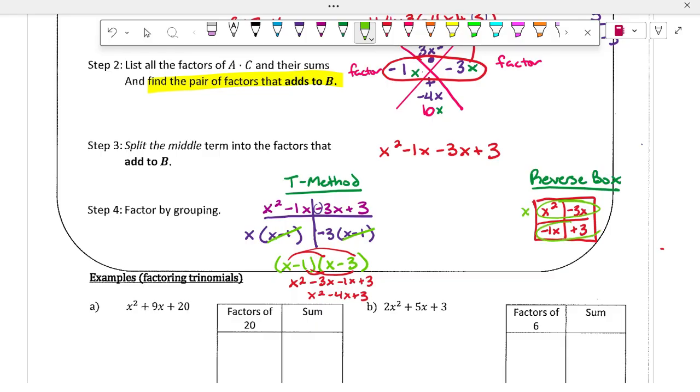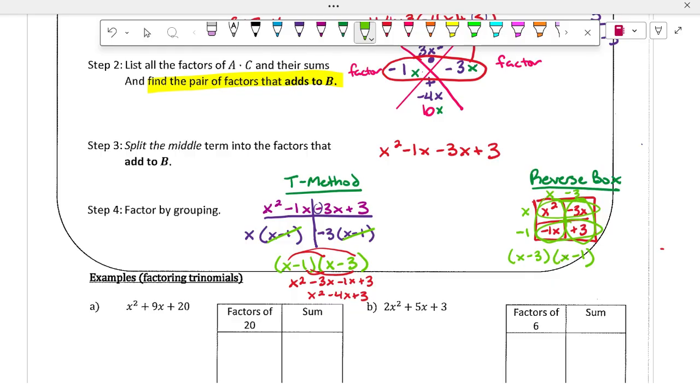X. GCF of the second row, take account for the first sign. Negative 1. GCF here. Just X, because the sign of the first box up here is positive. What about this one? Negative 3. This is x minus 3 times x minus 1.